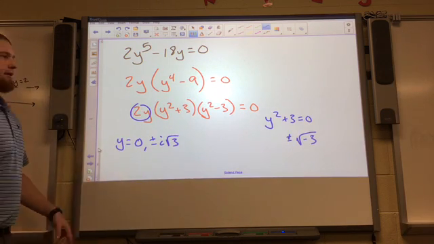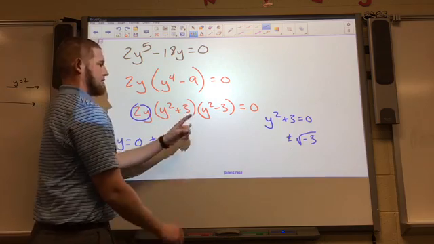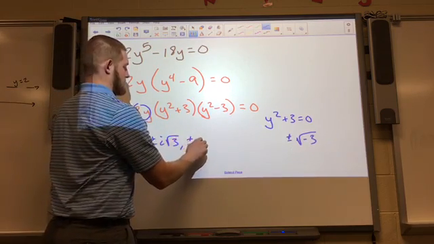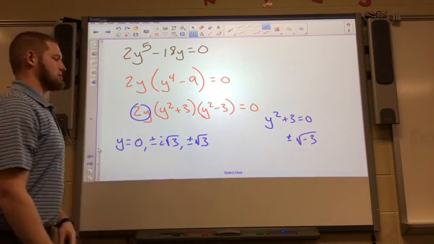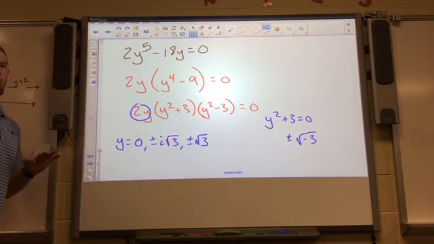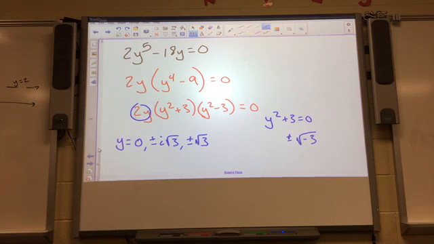And then the other one over here, what's this one going to give me? Plus or minus the square root of 3. How many solutions do I have here? I have 5. Now, how many real solutions do I have? 3. 1, 2, 3. So you have to be careful.